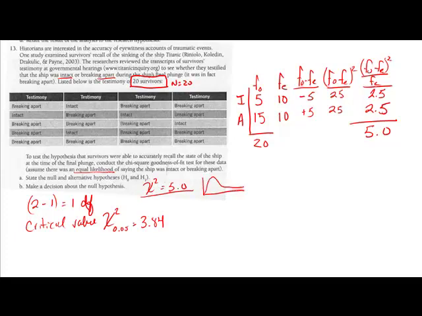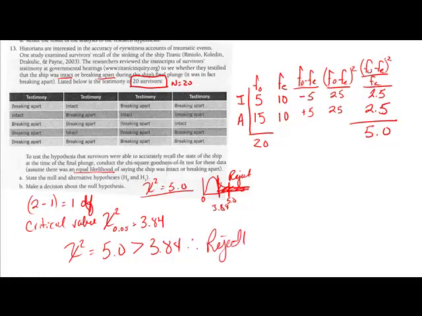Remember, bucket on the floor. For our chi-square, our critical value was 3.84. We got a 5.0. We are in the reject area. So our chi-square being equal to 5.0 is greater than 3.84. Therefore, we reject the null hypothesis.